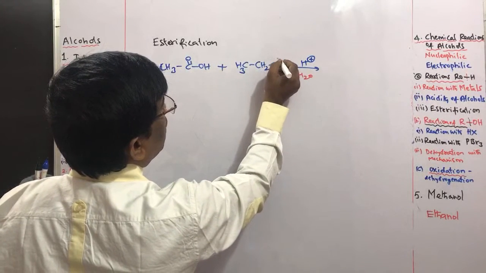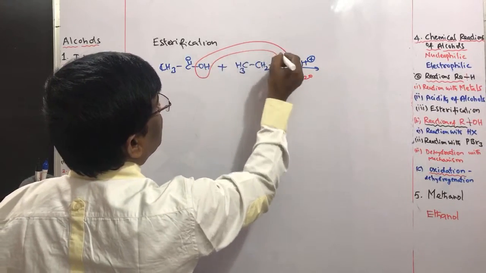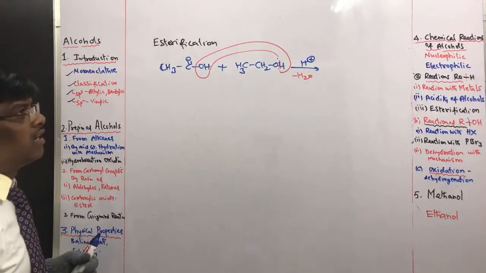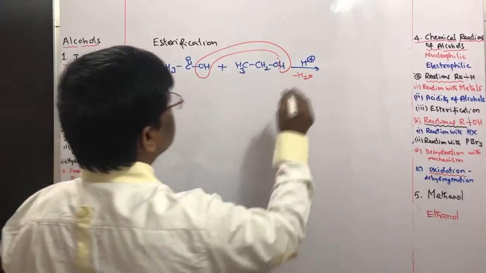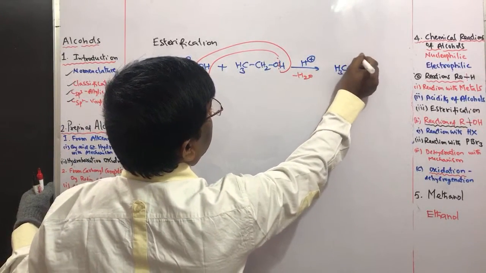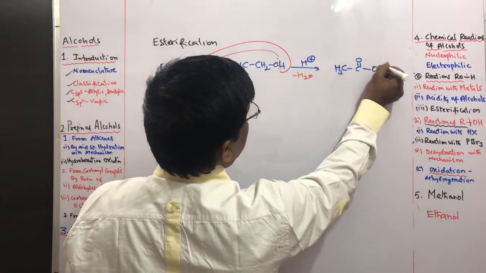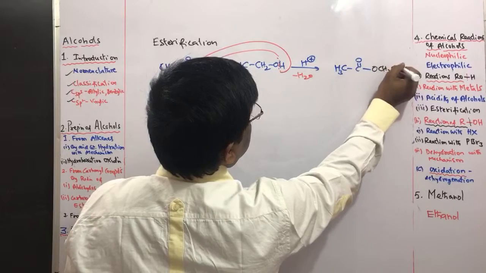This bond is going to break, and with the hydroxy group it leaves as water, giving CH3CO and on this side OCH2CH3.